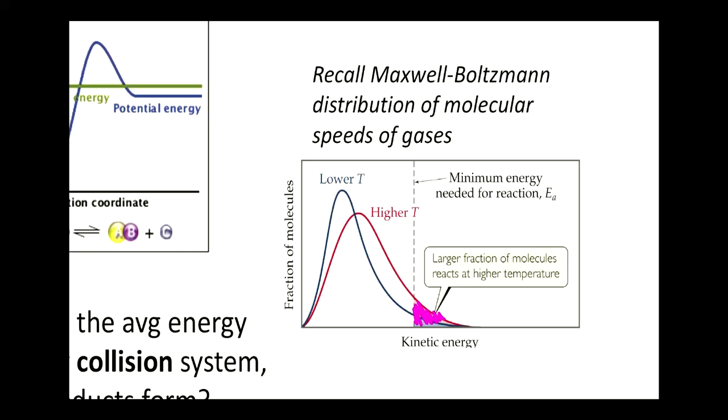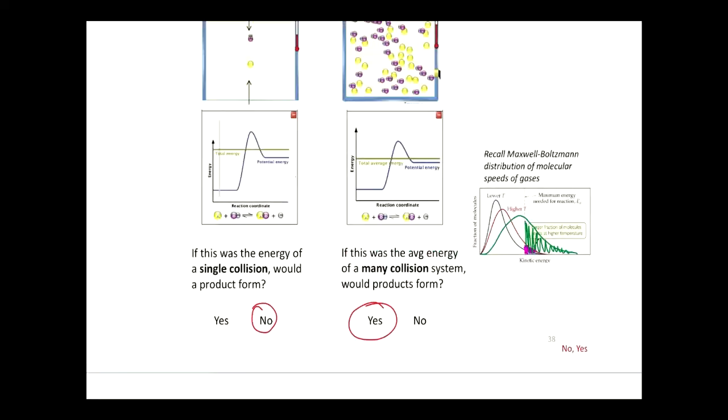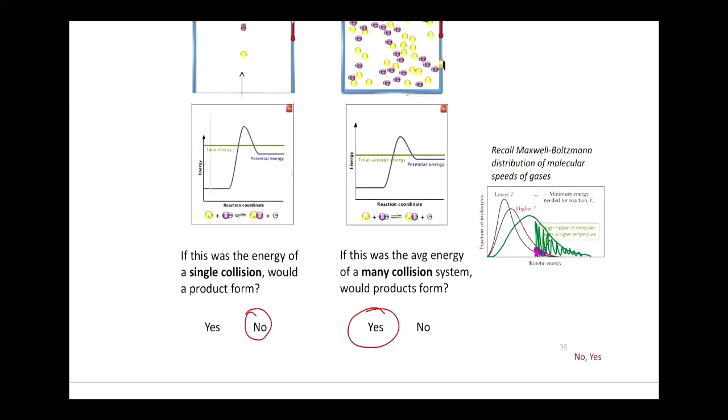If we were to raise the temperature even more and the distribution looks like this, we would see that in this even higher temperature, an even larger fraction of those collisions lead to chemical reactions. And this is why increasing the temperature leads to faster reactions, because at higher temperatures, more collisions actually result in chemical reactions, and more of those collisions actually overcome that activation energy.